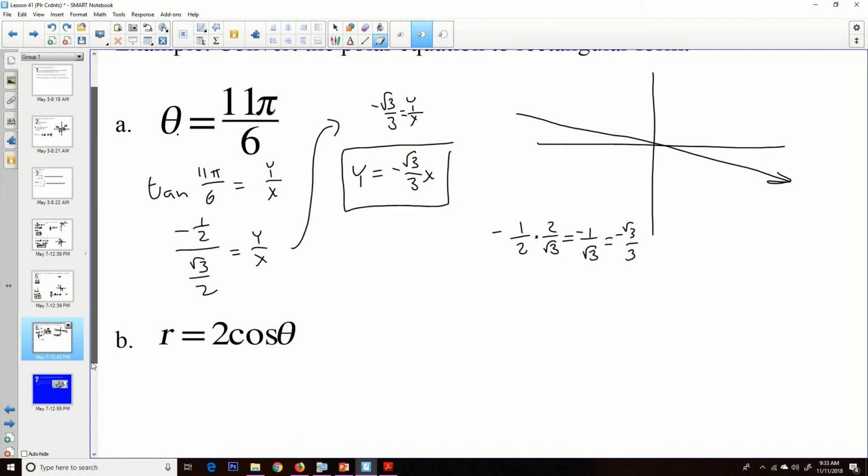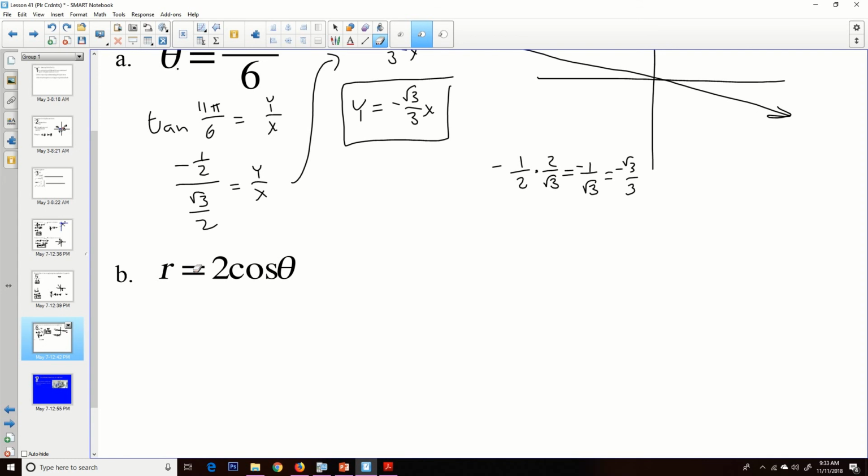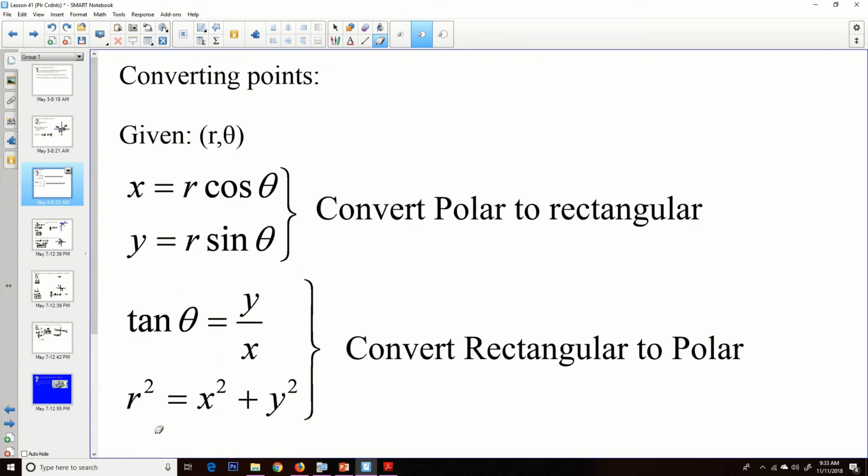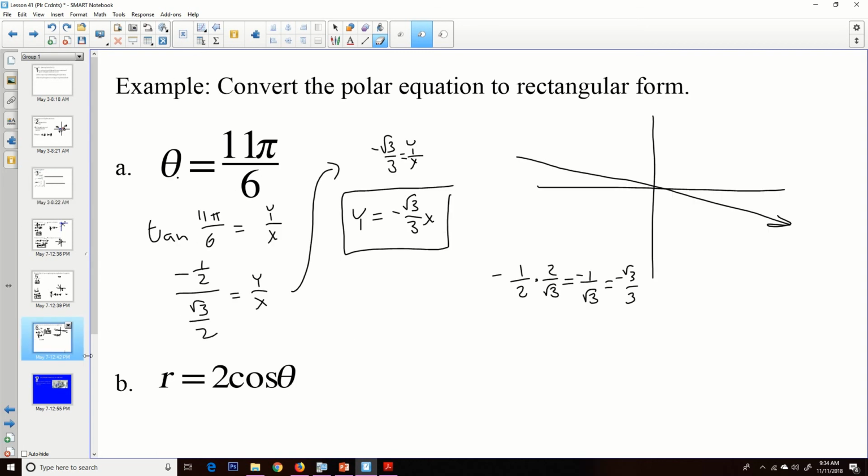All right, so this last one, let's go r equals 2 cosine theta. Well, if I go back to these equations here, and I'm trying to convert polar to rectangular, I can say r squared would be x squared plus y squared, and r cosine theta would be x, and r sine theta would be y. Well, I don't have either of those per se.